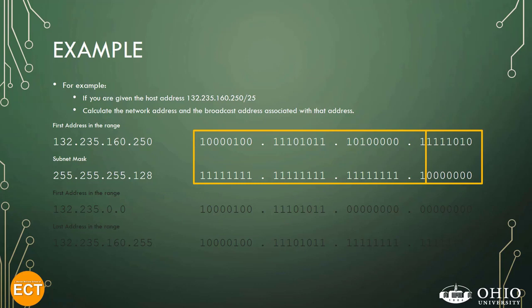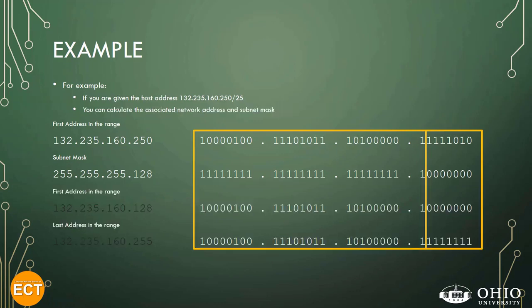After converting our net mask, we can see where the dividing line between the network portion and the host portion of the address is. In this case, we're identifying that with the orange outlines.